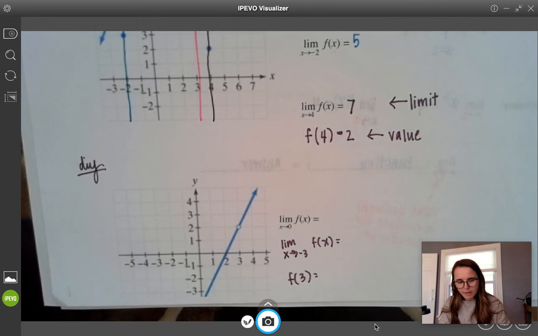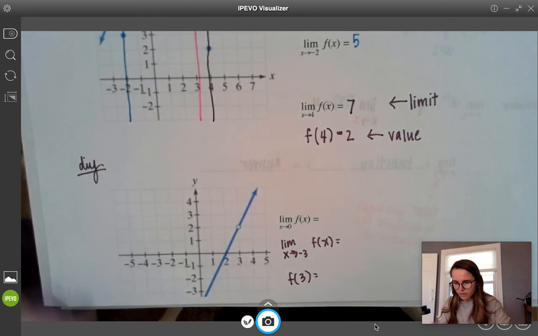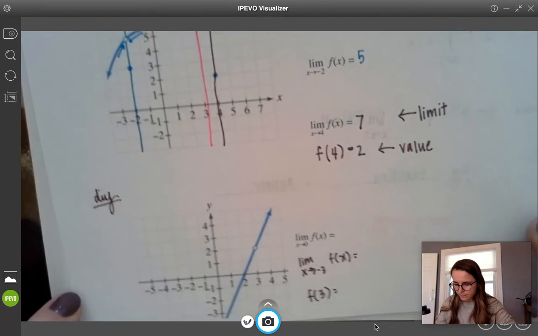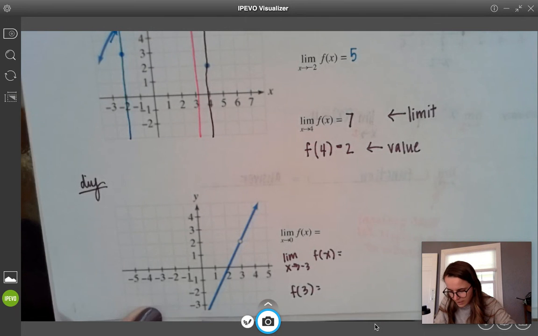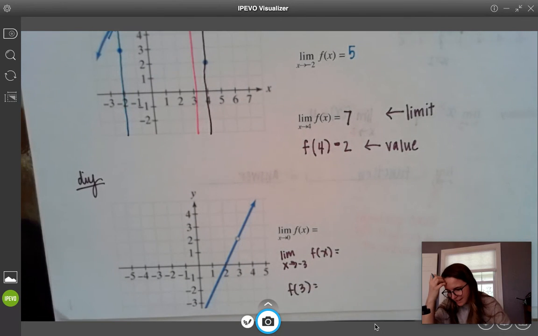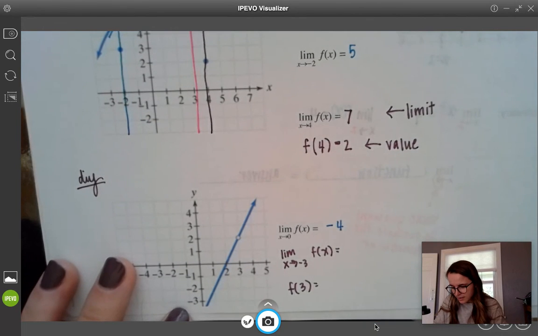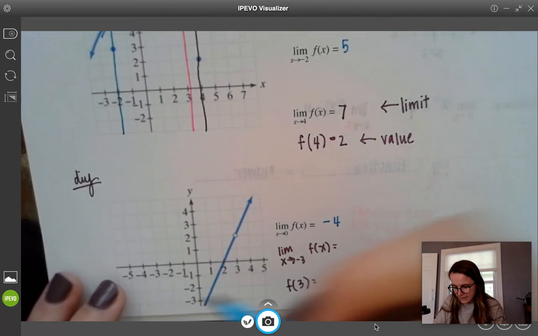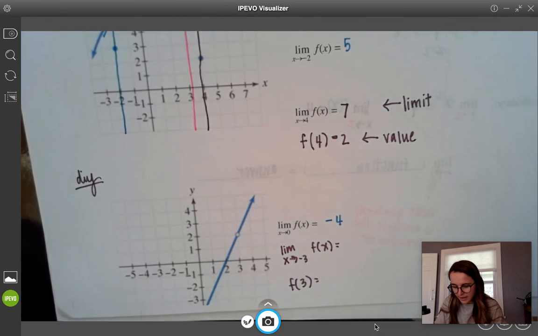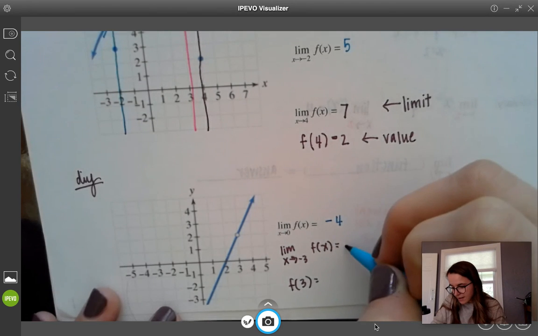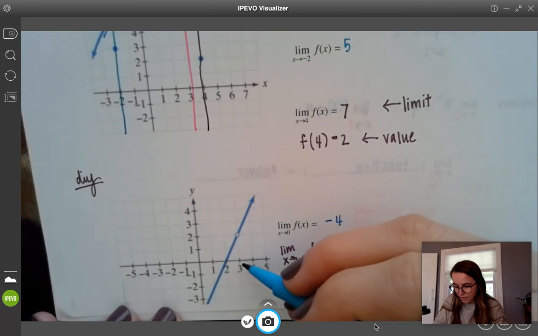So the limit as x approaches 0, of course I'm cut off. We'll just eyeball it, I guess. The limit as x approaches 0 is going to be like -4-ish. The limit as x approaches -3 is probably, gosh, I don't know, -7. I can't see. And then f of 3.